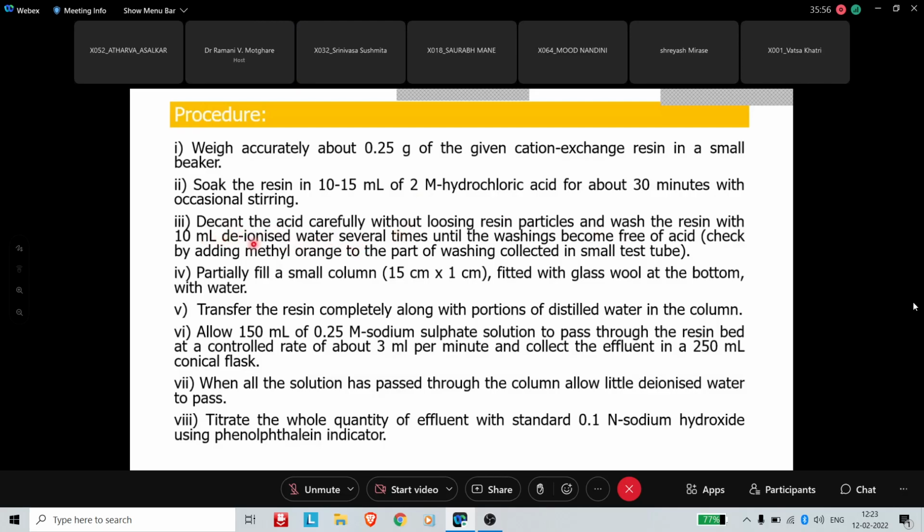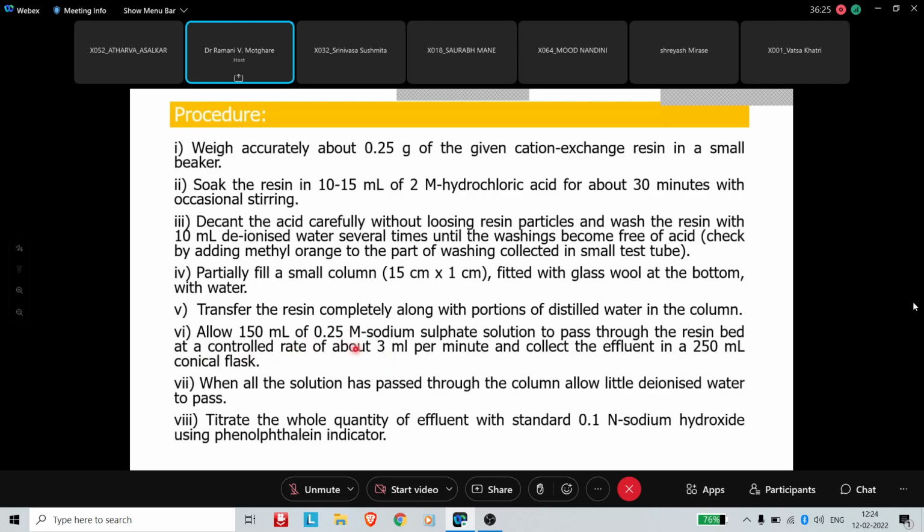Transfer the resin into a column. The column is a burette with a glass wool stuffed at the bottom, and allow 150 ml of 0.25 molar sodium sulfate solution to pass through the resin bed at a controlled rate of 3 ml per minute and collect the effluent into a 50 ml conical flask.